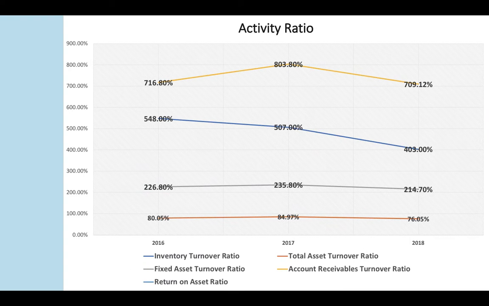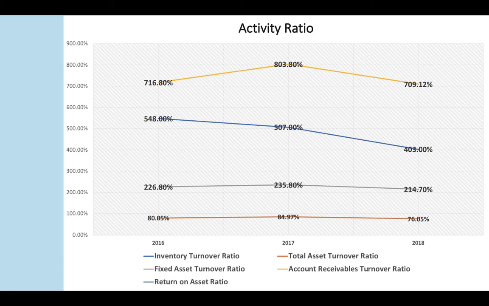And then the second one is activity ratio. We can see this fixed asset turnover ratio, the gray one. Their turnover ratio in fixed asset exceeds the turnover in total asset. As my friend mentioned before, this company really depends on their PPE or fixed asset to produce their product.